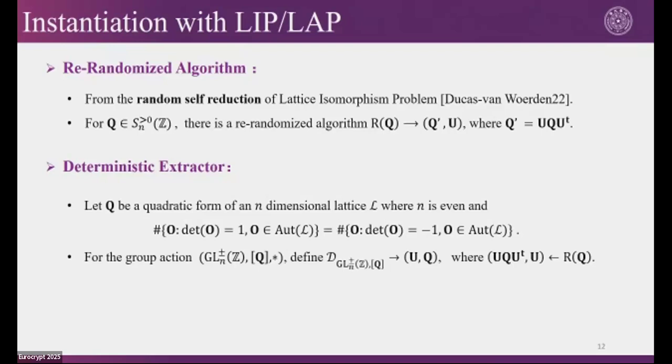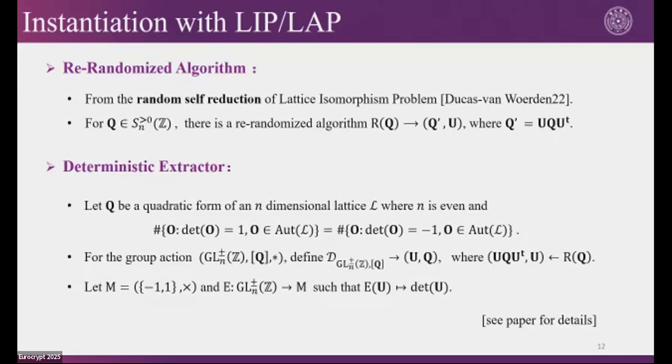So for the loop action, we can define the distribution as follows. And if we let M be such a loop, it can be proven that the determinant will be a deterministic extractor. And for other instantiations, you can see the paper for more details.